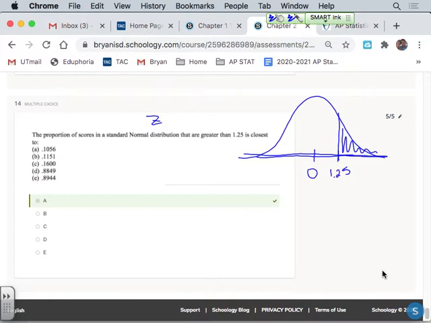So you look it up on the table, 0.8944. And so we're talking about greater than 0.8944, so it was about 10.5%.